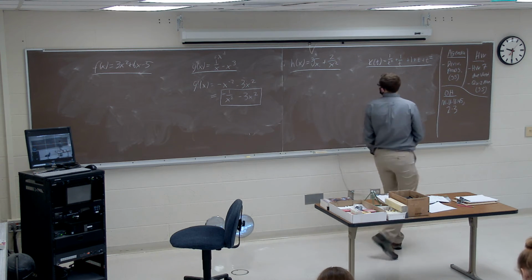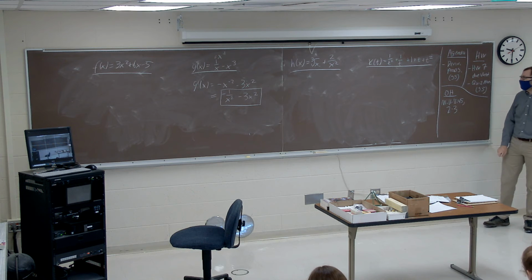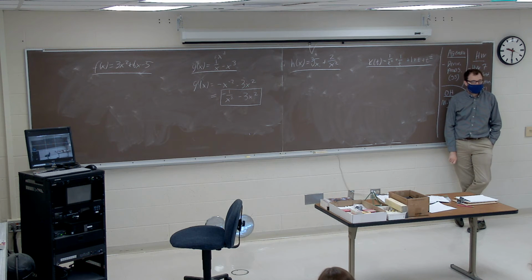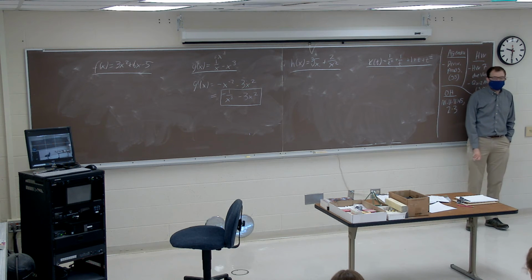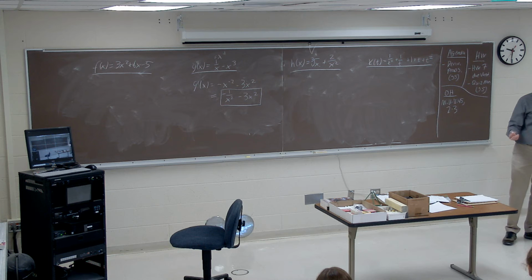How about this k of t expression? 1 over t squared plus 1 over t plus 1 plus t squared. A lot of terms floating around here. How about the first term, 1 over t squared? Rachel?